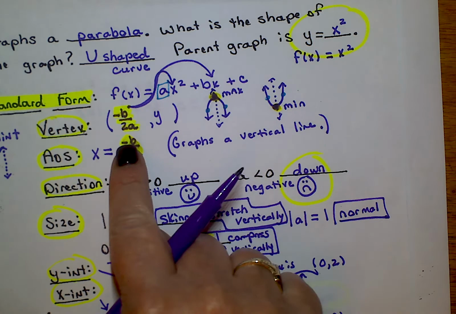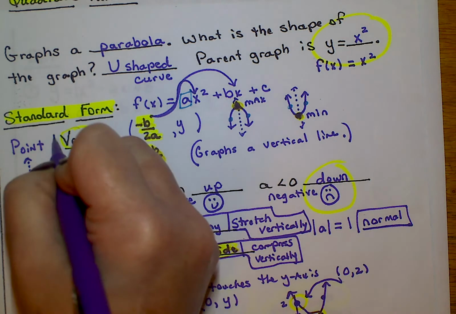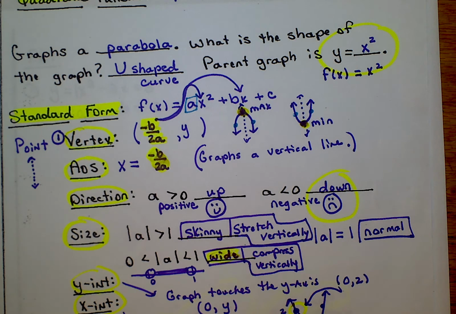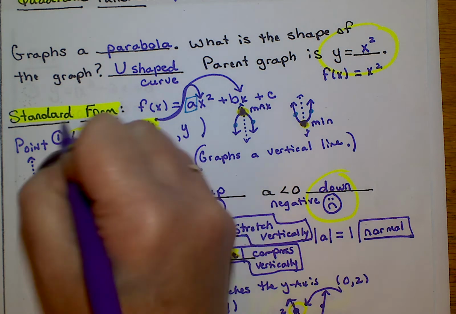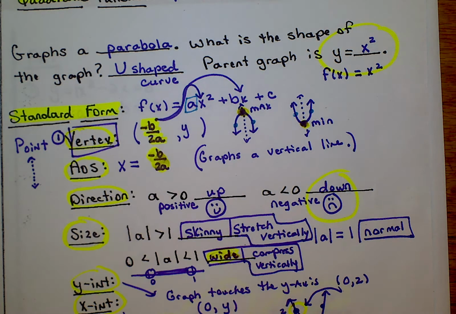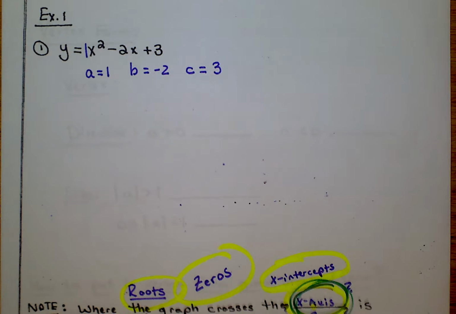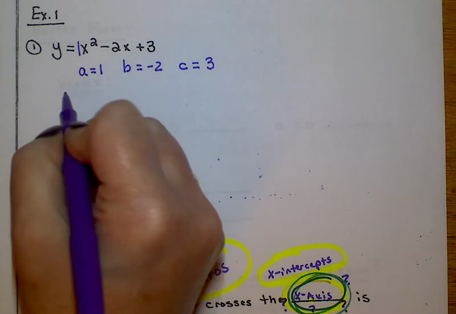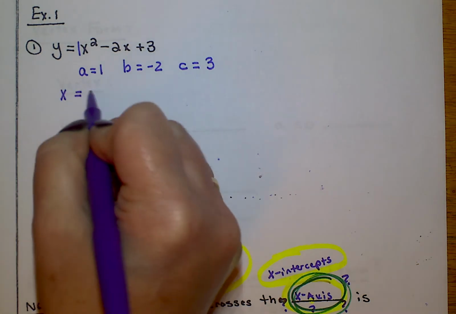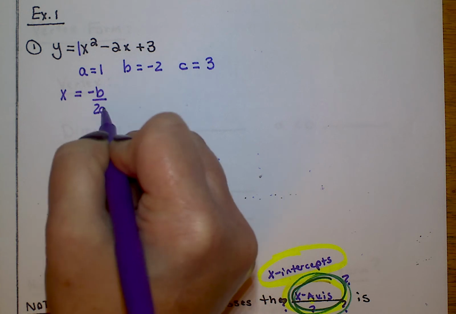And remember, the first thing that you need to find when you graph is the vertex. That is the most important thing to locate first.